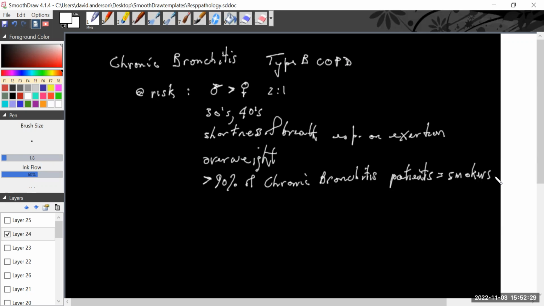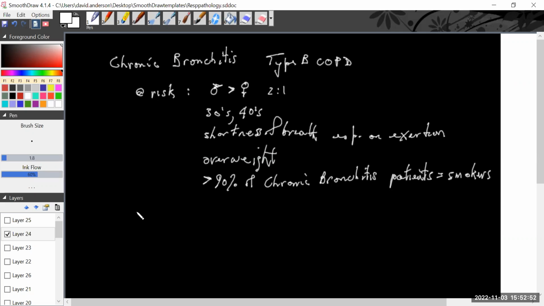the most common risk factor associated with chronic bronchitis, which is smoking. So by far and away, that's the one common denominator in this type of bronchitis problem, this type of chronic obstructive condition. More than 90% of the patients will have smoking in their background.